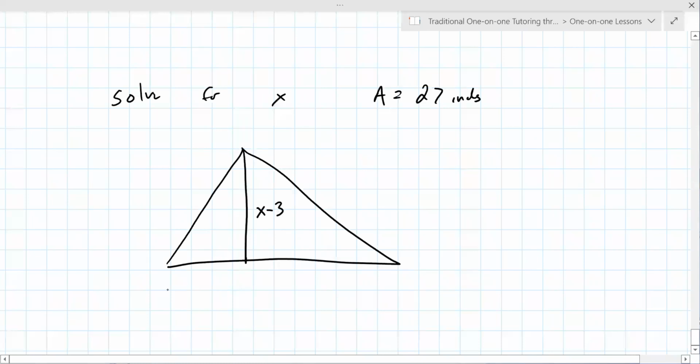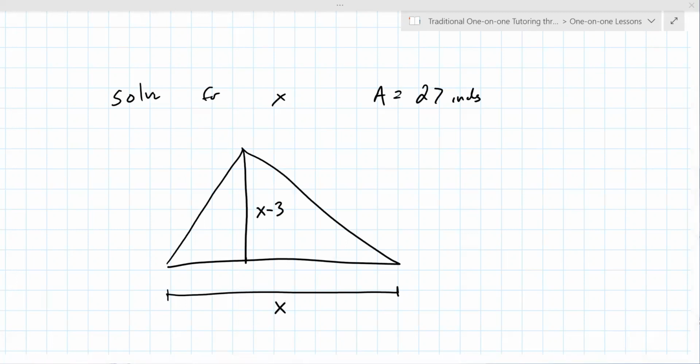And does it give you the width? It says x for the width. And then it gives an equation, A equals 1/2 base height. We had talked about number 10 on your review, and this looks exactly like number 10.